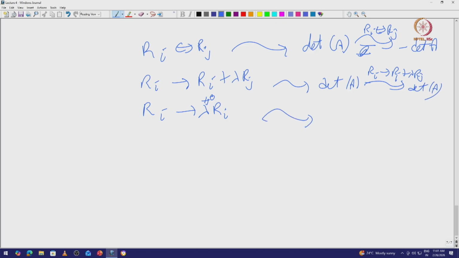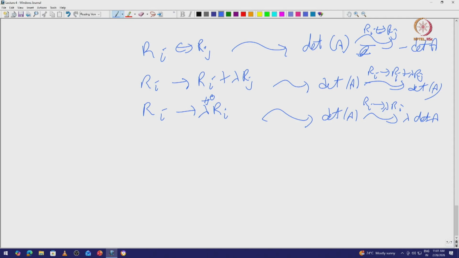When you scale a row, this will obviously scale the determinant. So you can use these rules to bring things to a row echelon form and compute the determinant.